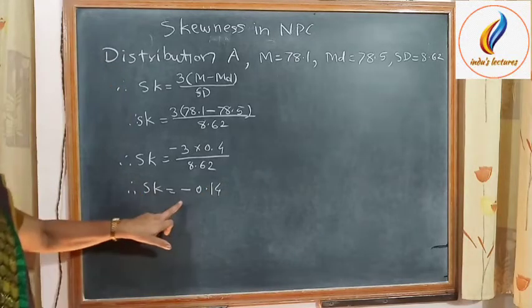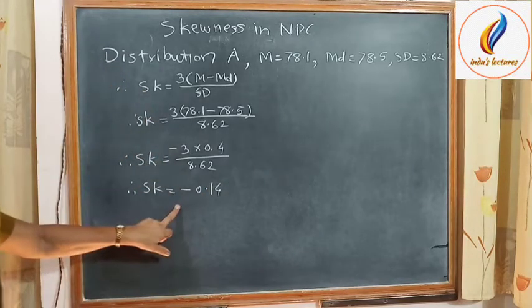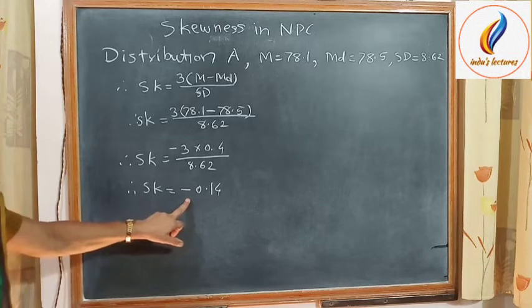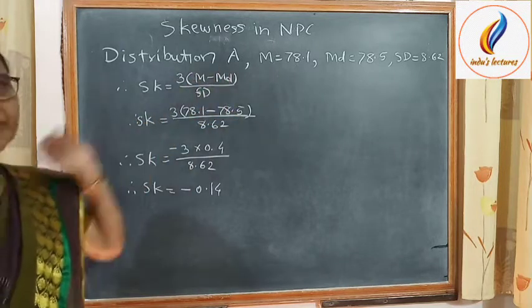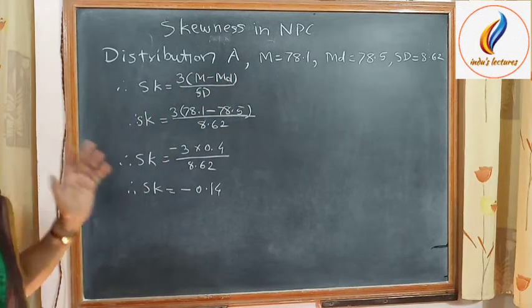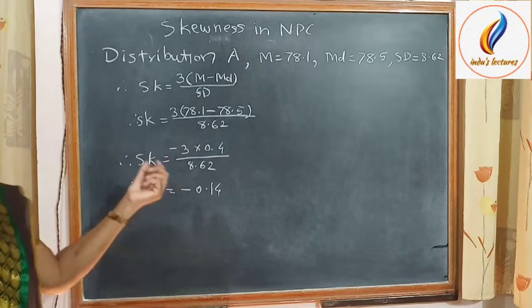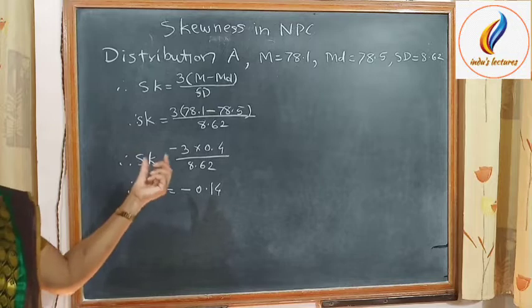That means from this calculation also we can say that the curve is negatively skewed. And in negatively skewed curve, mean is less than median. In skewed curve, median is in the middle part and the position of mean and mode is changed.